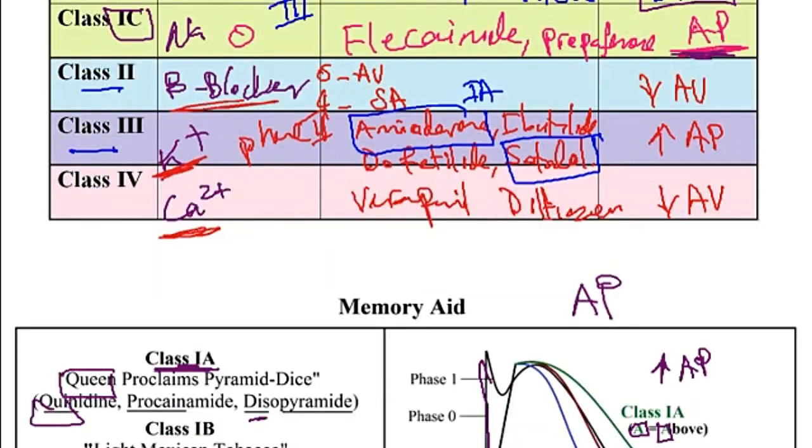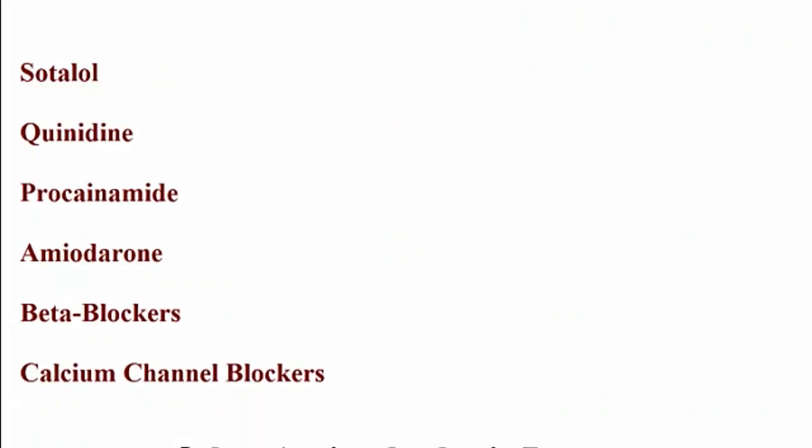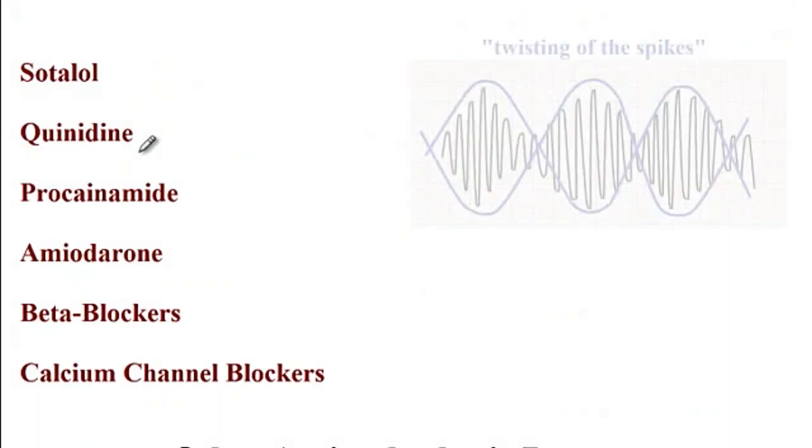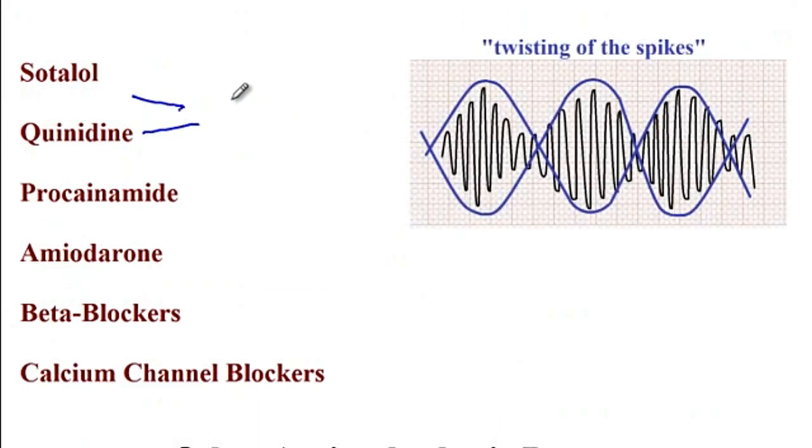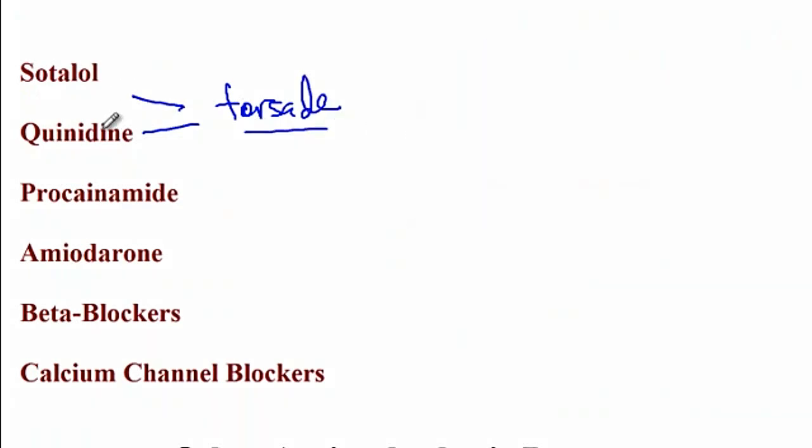Okay, now next I would like to go through the side effects of some of these medications. So both sotalol and quinidine can increase the risk of torsades development, and then quinidine is also associated with cinchonism, where the patients present with headaches, tinnitus, as well as vertigo.